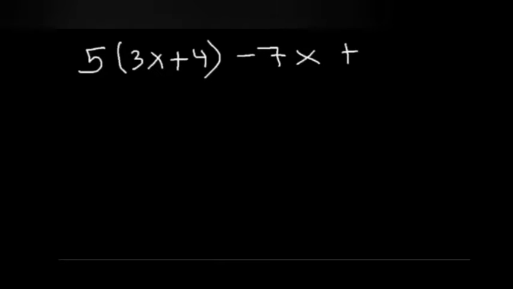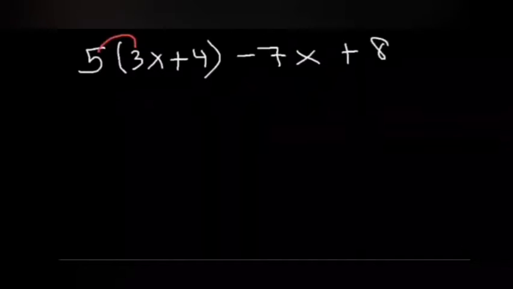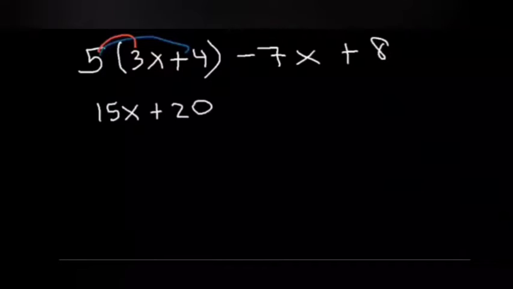We'll take another example. We have 5 open bracket 3x plus 4, close bracket, minus 7x plus 8. Now open the bracket: 5 multiplying 3x gives us 15x, then 5 multiplying 4 gives us plus 20, minus 7x plus 8.